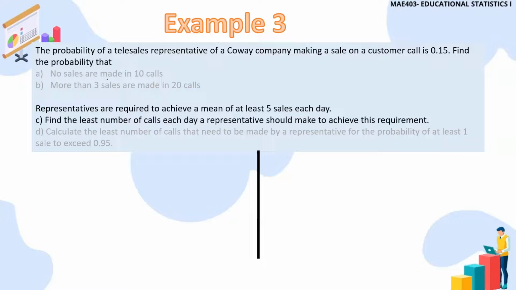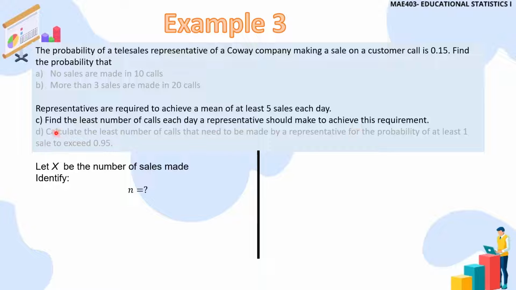Next, the question continues to the second part. Representatives are required to achieve a mean of at least 5 sales each day. Therefore, find the least number of calls each day a representative should make to achieve this requirement. So here, let X be the number of sales made and identify what is the number of trials.